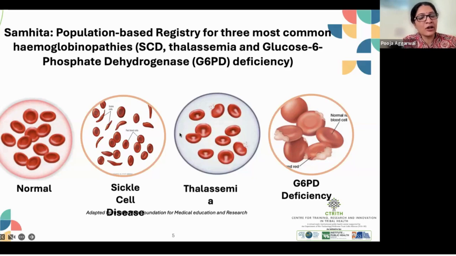If it is not there, a lot of reactive oxygen species build up, which is detrimental for cell health, and thus again you will have an anemia-like situation. All three are common blood disorders which affect communities in this part of India, South Karnataka. With the registry, we are trying to fill the knowledge gaps and establish the epidemiology of these three diseases.